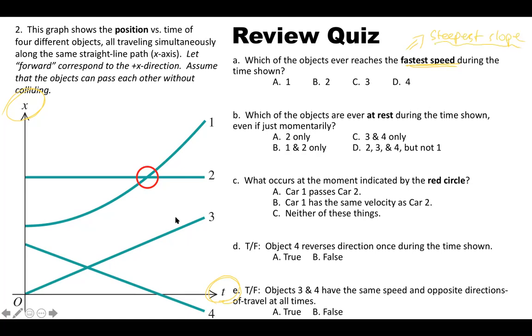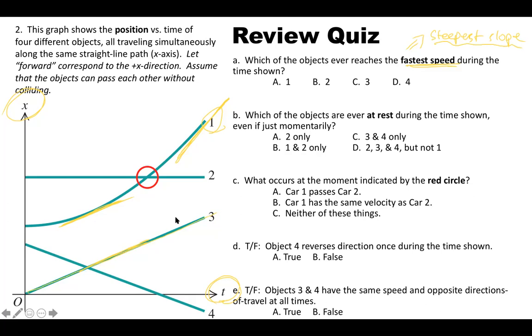So, is there one of these that has a steeper slope than all the others at some point, or maybe are there 2 or more that are tied? I think that it looks like object number 1 has the steepest slope right here near the very end of the travel shown on this graph. Okay. Notice that the steepness of object 3 and the steepness of object 1 match around here. And the steepness of object 3 also doesn't change.